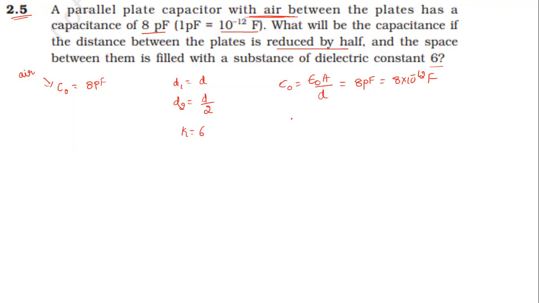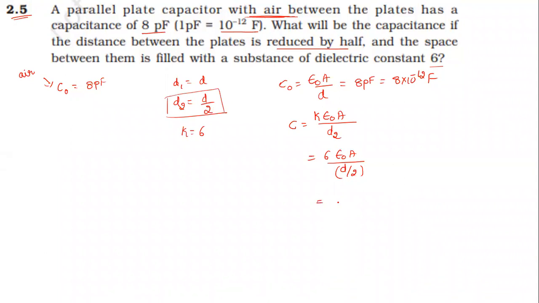Next, the new capacitance. We are going to fill the dielectric of constant K, right? So K times epsilon naught, the area remains the same, and I'm going to take D2 as the new distance. I'm going to insert the values. K is 6. So 6 into epsilon naught A divided by D by 2, right? Because they've given here that we are going to reduce the distance to half. So with D by 2, the 2 will come to the numerator. What will it become, students?